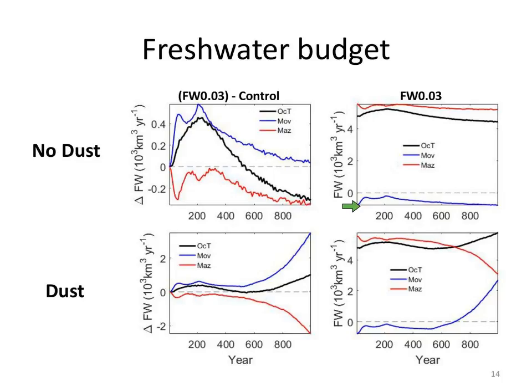And we see here, I want to point out just this line, the blue line here, which is the MOV. So the MOV is negative, exporting freshwater, and then it goes close to zero, and then returns to the same value when you don't have dust. And when you have dust, it can cross the zero line and start importing freshwater.